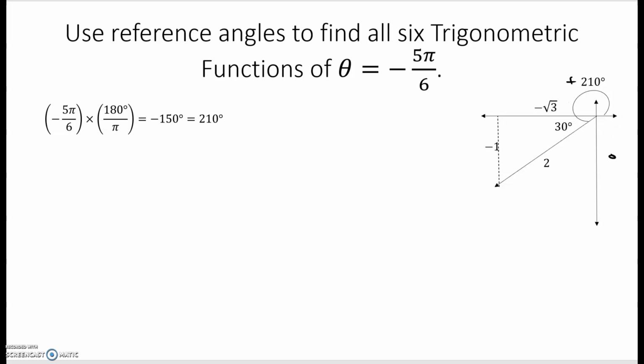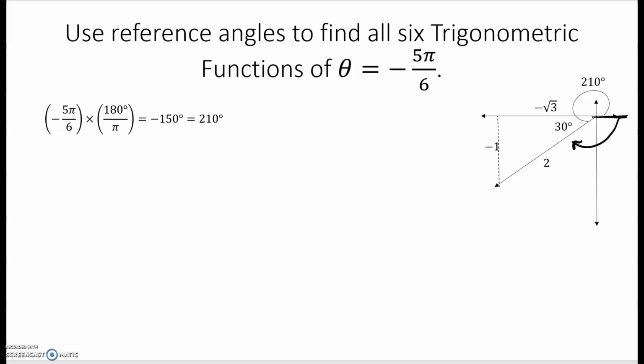Okay, now if you don't want to convert it to degrees, how you can look at it is, well, number 1, it's negative, so we're going to be starting on the positive x-axis and going this direction.